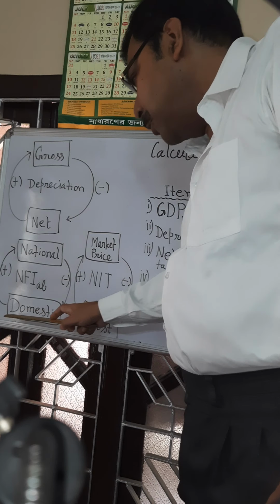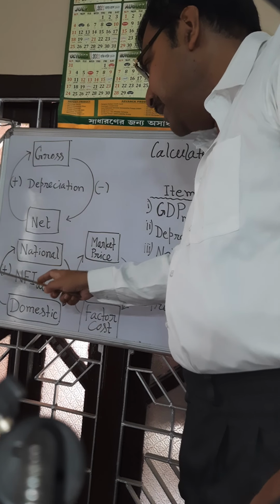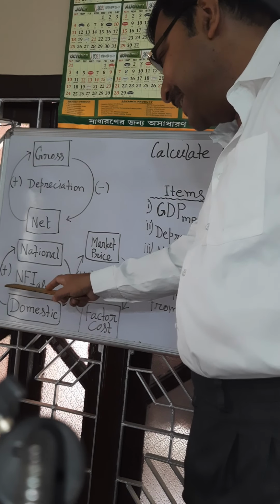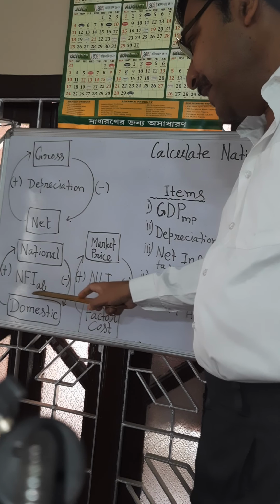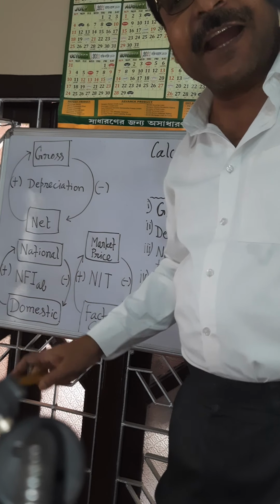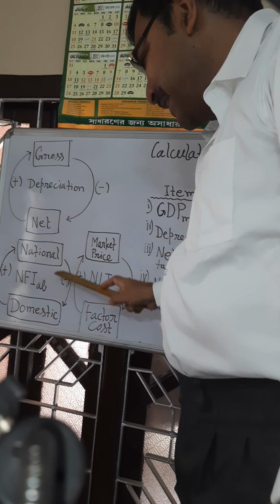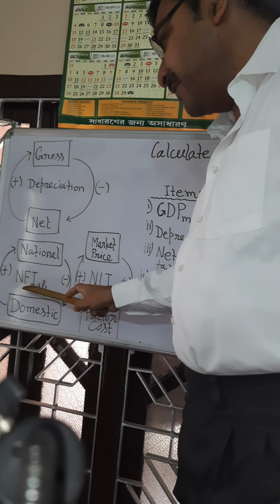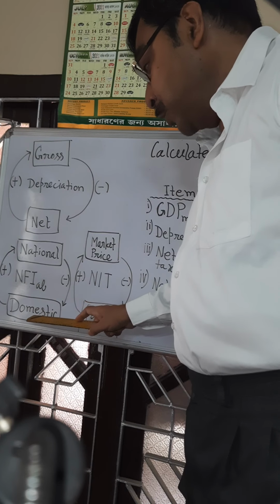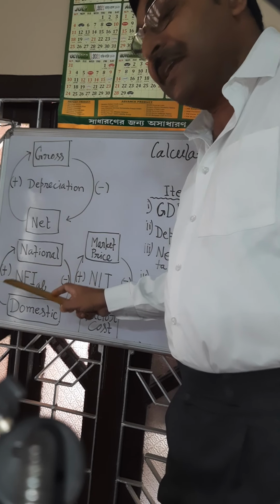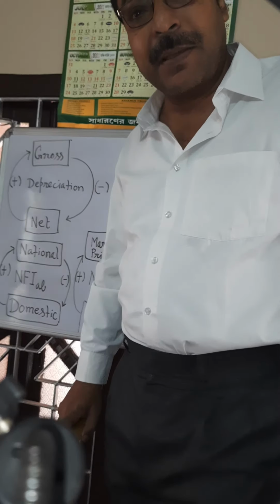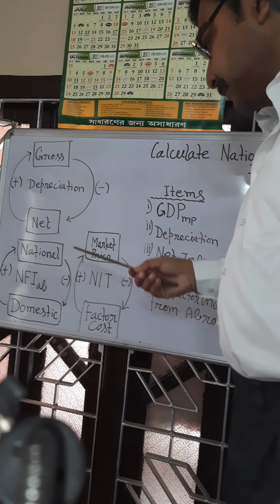And if you move from domestic to national, small to big, you have to add something. That term is NFIAB, that means net factor income from abroad. So when you move from national to domestic, minus net factor income from abroad; when you move from domestic to national, plus net factor income from abroad.